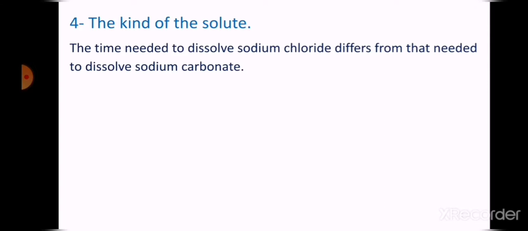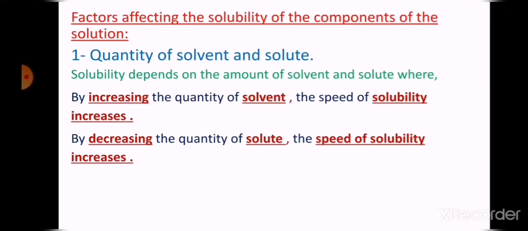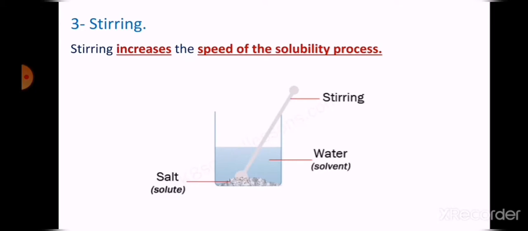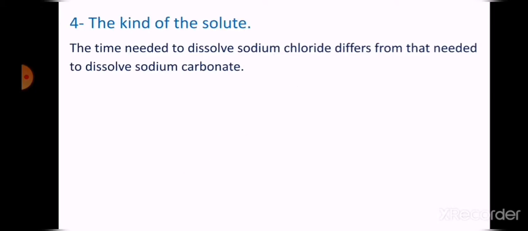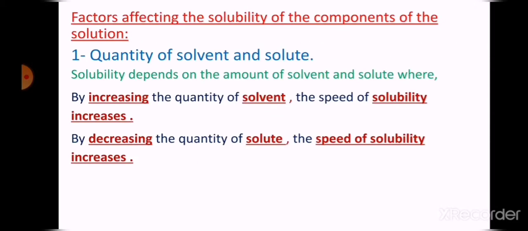So let's recap the factors affecting the solubility process. We have 4 factors. Number 1, quantity of the solvent and solute. Number 2, temperature. Number 3, stirring. And number 4, the kind of the solute. By increasing the solvent, the speed of solubility will increase.